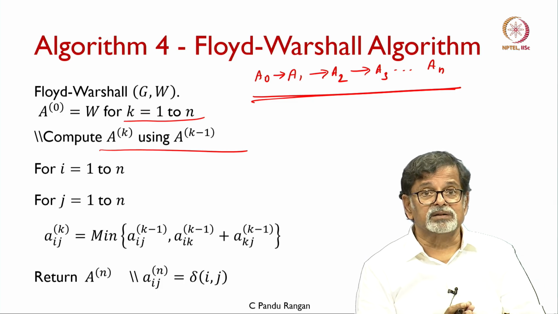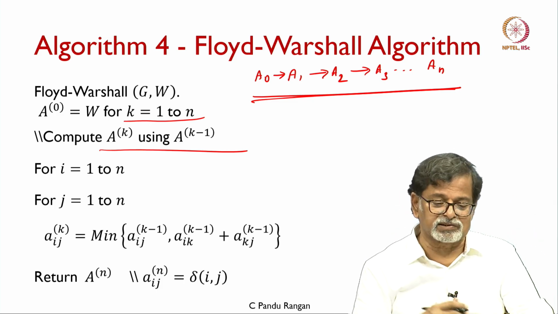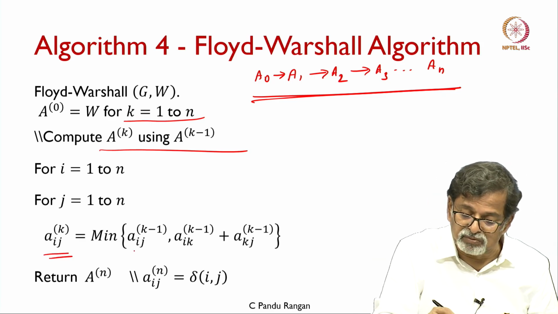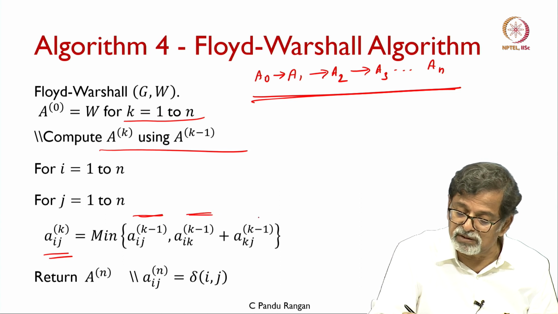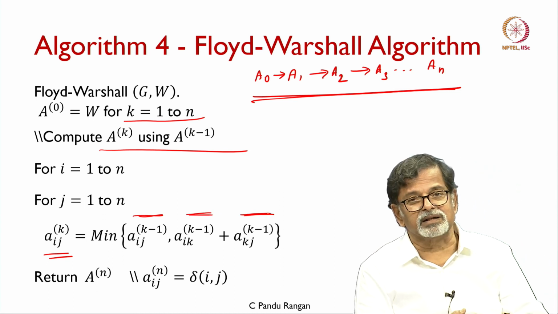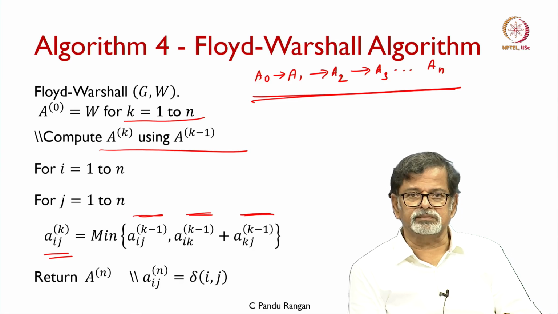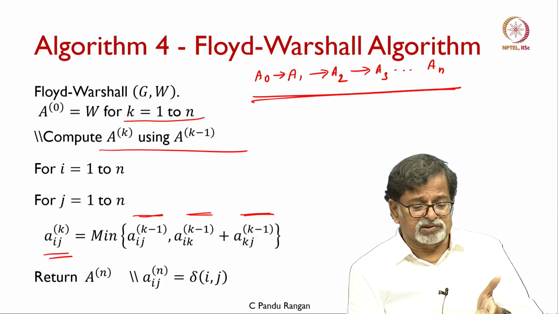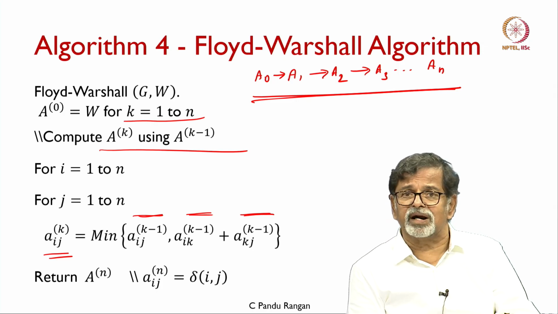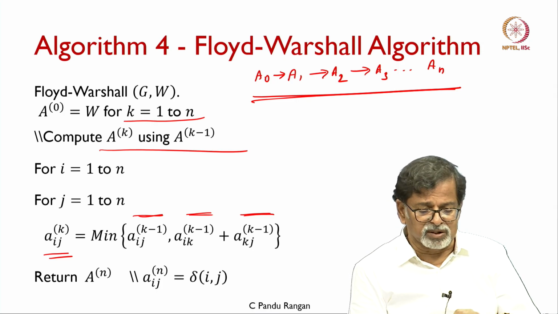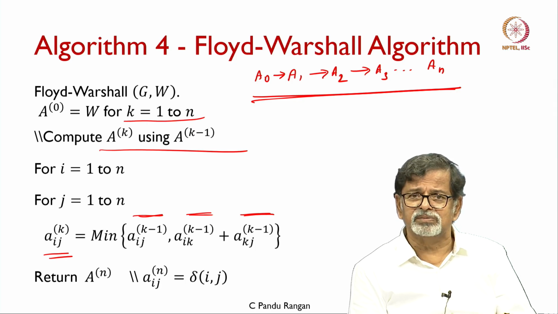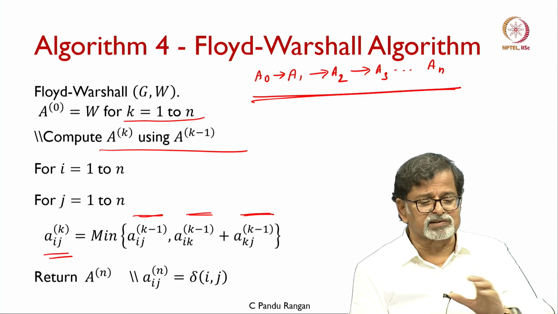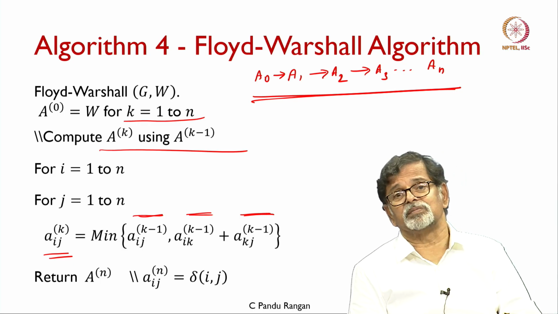How do I go from one to the next? If I want to compute the kth matrix, I have to consult the k minus 1 matrix and then get the job done. Each element takes one comparison and one addition, therefore the total complexity is n cube. Very simple algorithm, stunningly simple algorithm, and this is called Warshall's algorithm, and the complexity is n cube.